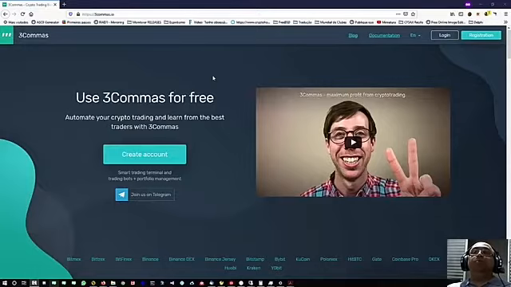There's no need to go to your exchange account for anything. You don't need to worry about security and nothing else. Just create your account on 3commas, fund your account, and you start trading.